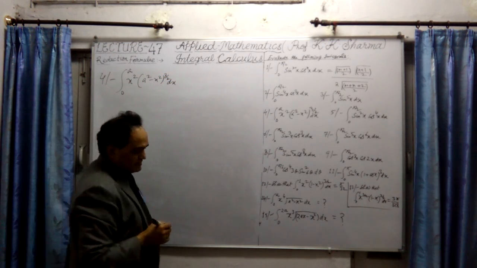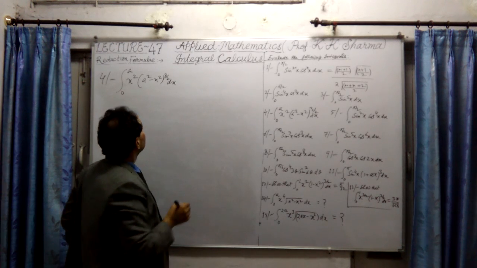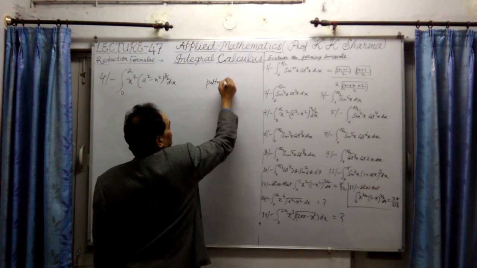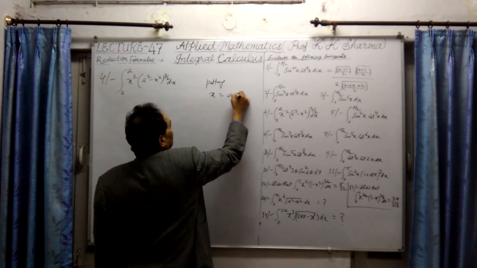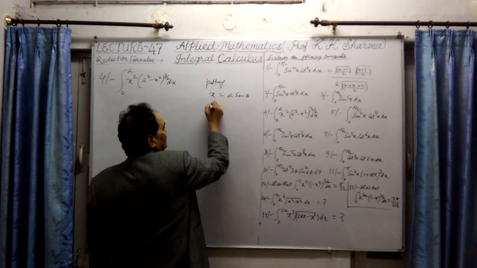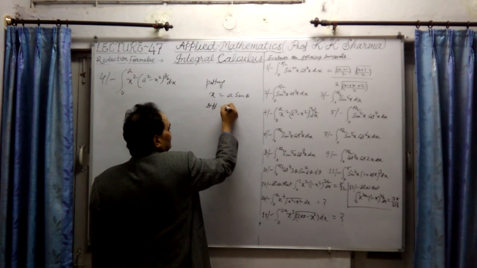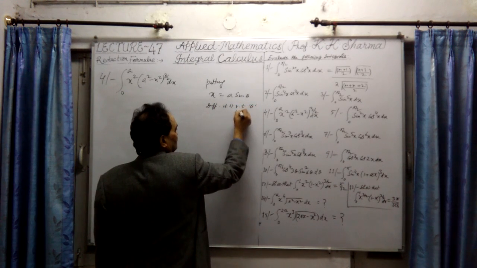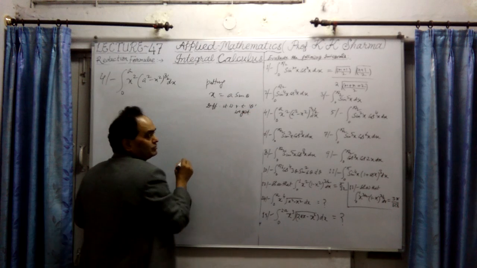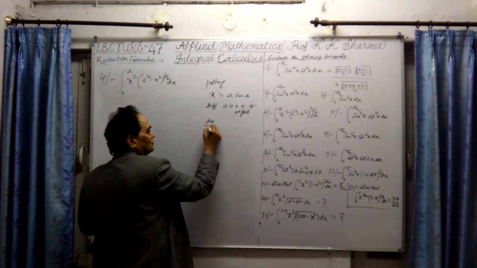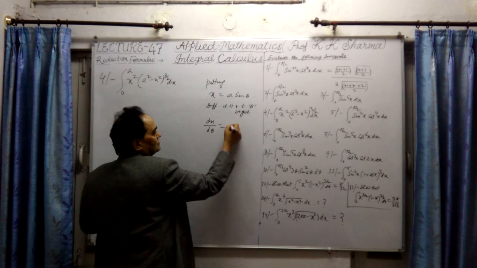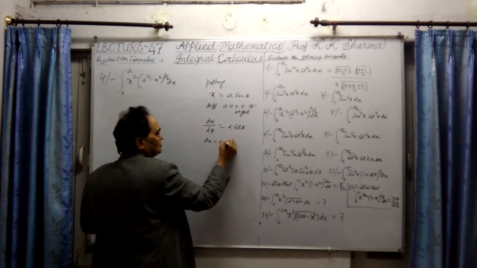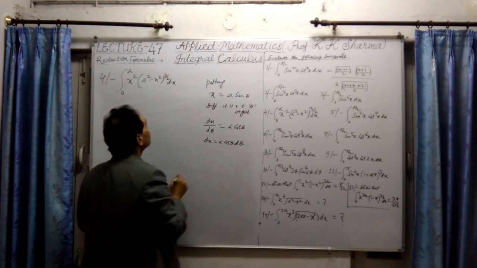Now if I substitute here x equal to a sine theta, differentiating it with respect to theta, we get dx upon d theta is equal to a into cos theta, or dx equal to a cos theta into d theta.